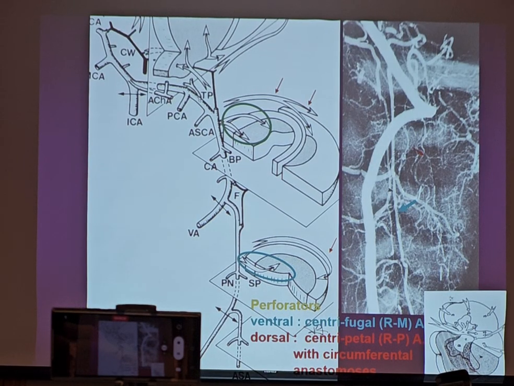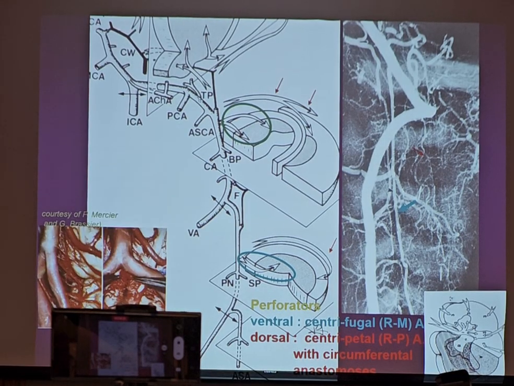So the pattern is the same between this craniovertebral junction and the spinal level. So a nice picture that Philip will show quite a lot is the ventral piercing through the ventral sulcus, the perforator system, the important one, the ventral system.